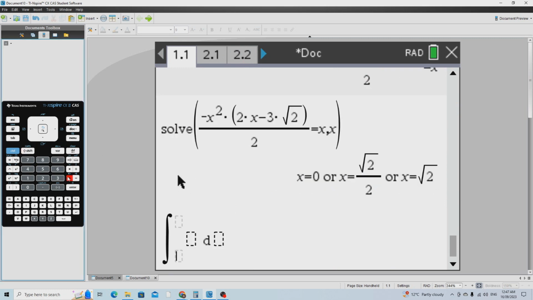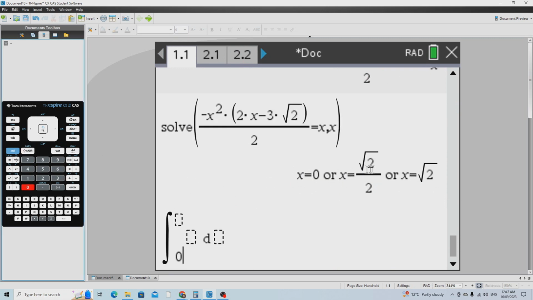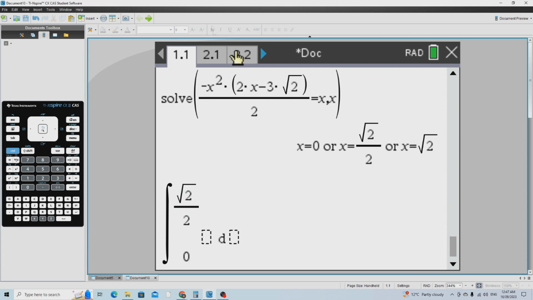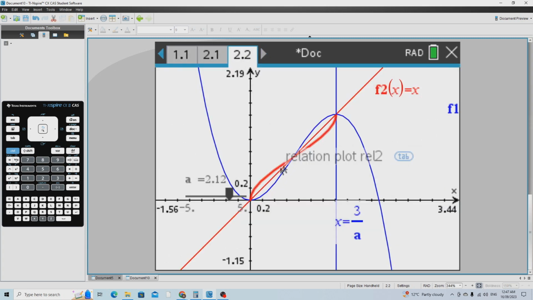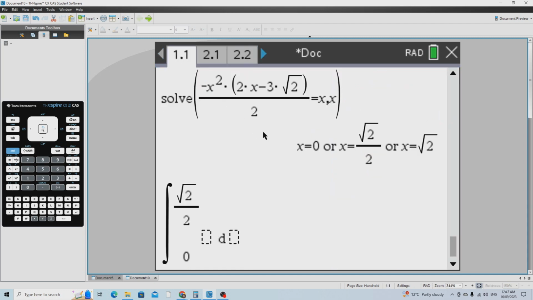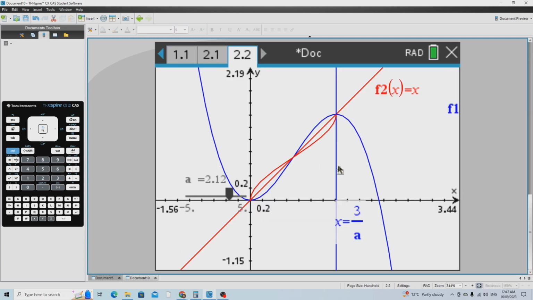So if we say 0 to this value over here, what's the upper function? The red one. So no, the red one is your actual inverse. Okay. Oh my god. Damn. All right. This is not good.